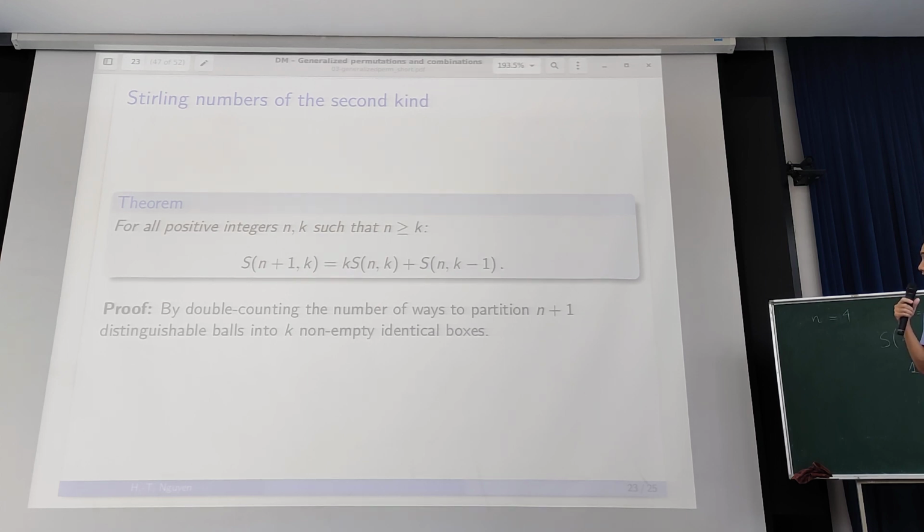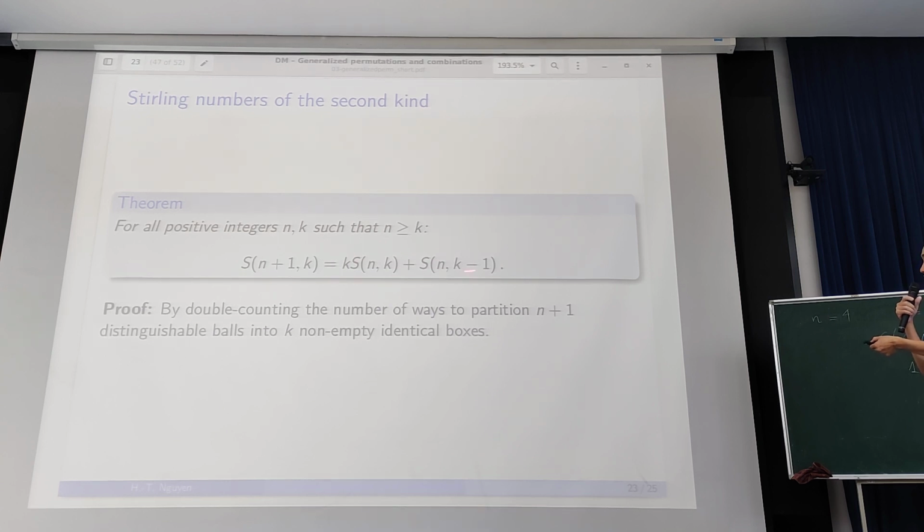But if we want to do it in a lazy, more clever way, then we can try to interpret what these symbols or formulas mean. So you know that this Sn plus 1k is the number of ways to put n plus 1 balls into k non-empty boxes. Okay?